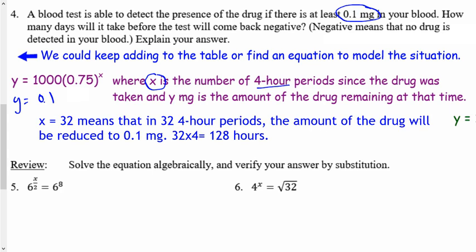If x equals 32, that means in 32 4-hour periods, the amount of drug will be reduced to 0.1 milligrams in our blood system. So how many hours is that? 32 times 4 gives me 128 hours. So pause the video here if you need to copy that down. But I'm going to look at a second possible equation that we could use for solving this problem.